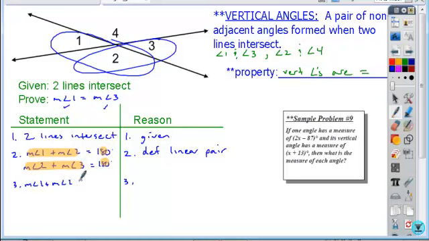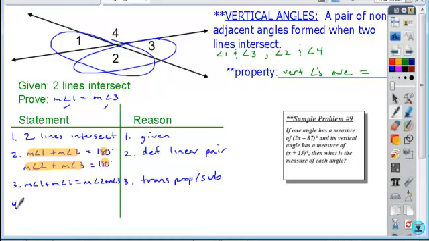Angle 1 plus angle 2 is equal to angle 2 plus angle 3. Two things equal to the same thing are equal to each other by transitive property or substitution. Okay, so by transitive property, we now have angle 1 plus angle 2 equals angle 2 plus angle 3.